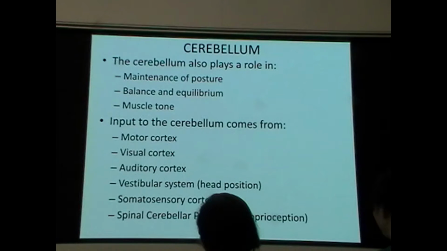Somatosensory cortex is bringing in all of the general sensations, including proprioception, but also things like touch, pressure, pain, and temperature, that could cause the nervous system to want to modify your position or your movement in relationship to those sensations.